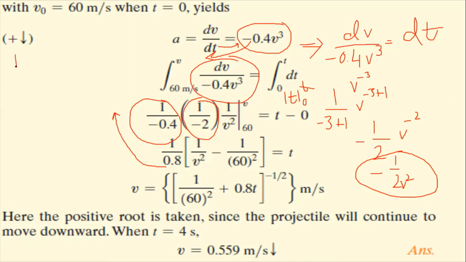So it will become 1 upon v squared, minus 1 upon 60 squared, equals 0.8t. Then we will bring this here. So it will become 1 upon v squared equals 0.8t plus 1 upon 60 squared.